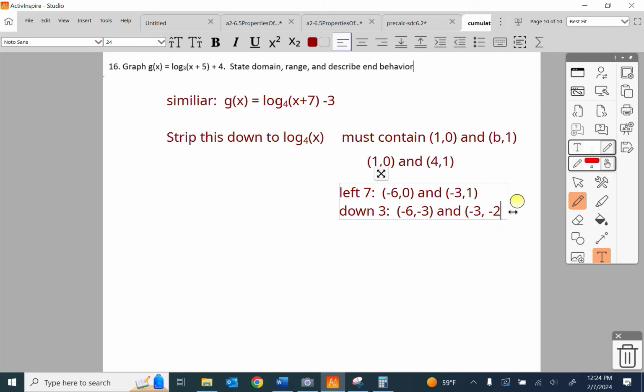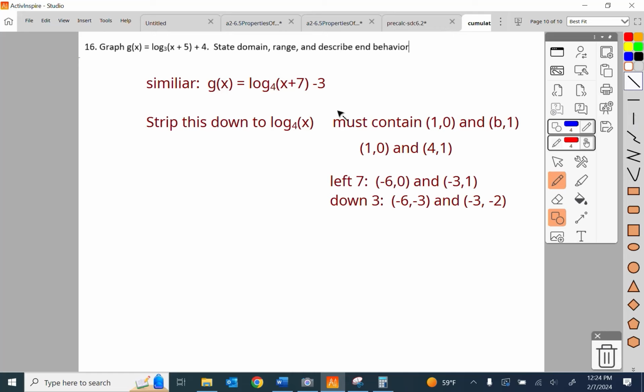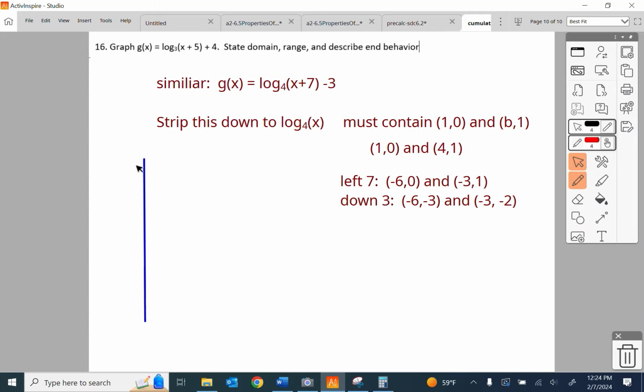This is more what I'm expecting, because logarithms look like the letter R, and they grow as they move right, generally speaking. So there's my ordered pairs, and I can start graphing. I had to go left 7, didn't I? Let's move that over a little bit.